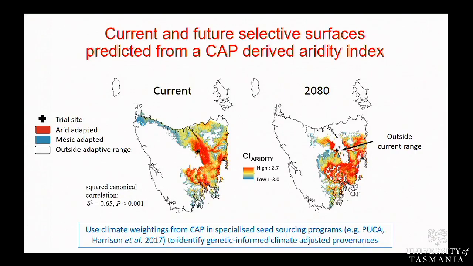But we can also grab the climate weights from these associations and then feed them into specialised seed sourcing packages, and then be able to properly target provenances. So, thank you.